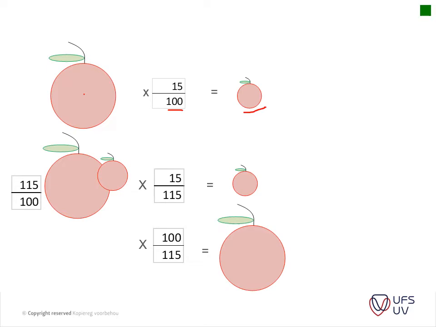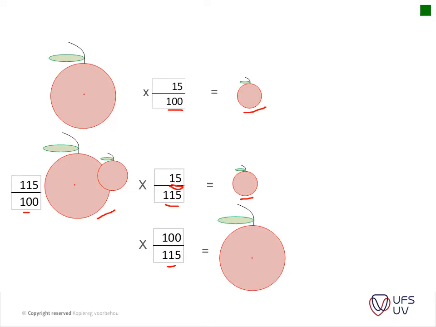Now what that means is if you add that to your original amount, you have 115 over 100 because you've added the 15 to your original amount. So if you want to take this out, you have to times it with 15 over 115, because this now includes 115, to get your 15% here again, and vice versa. If you want to get your 100% out of this, you just times it with 100 over 115.